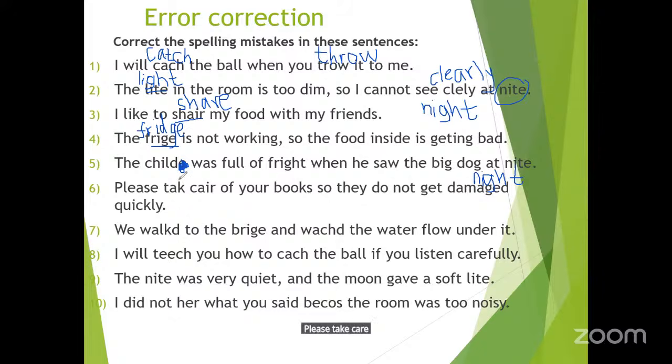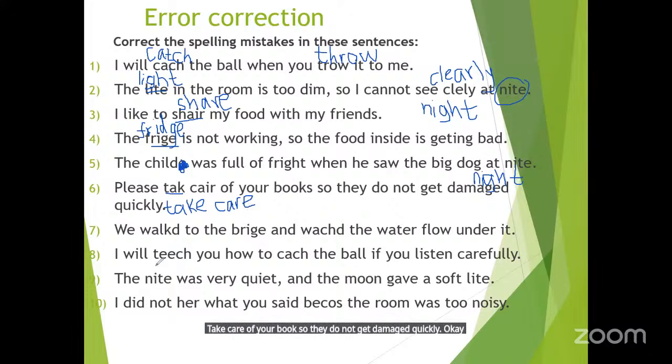Take is T-A-K-E. Then care, C-A-R-E. Take care of your books so they do not get damaged quickly.